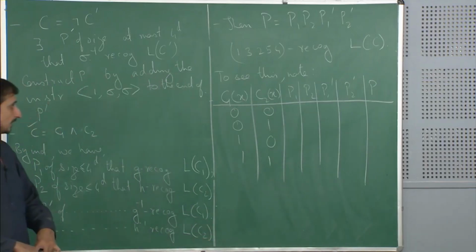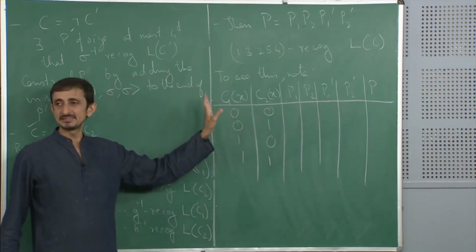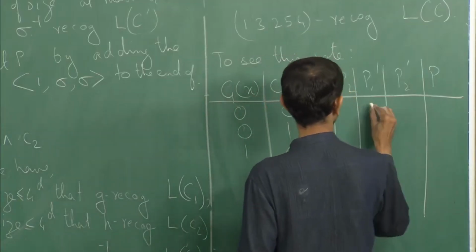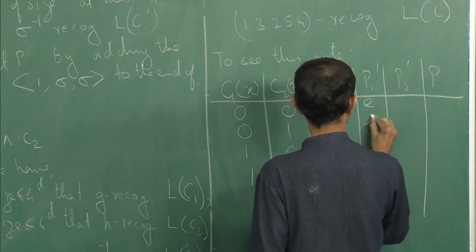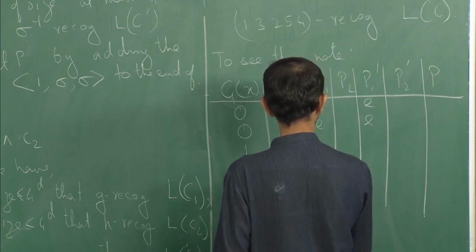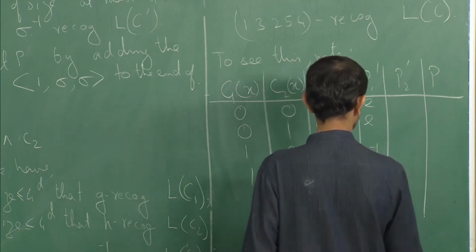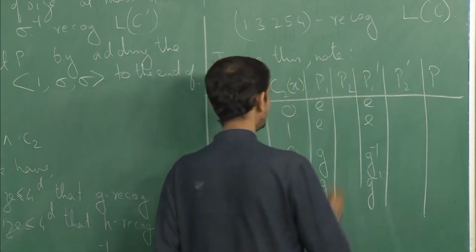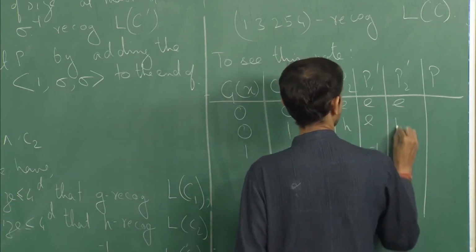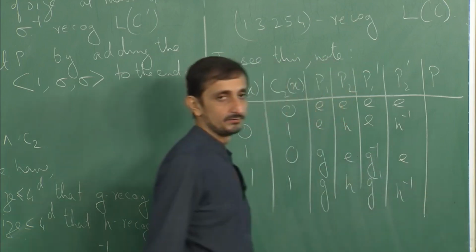Now, P1 and P1 prime are programs for C1. For 0, P1 would be E, and P1 prime is also E, and for 1, P1 is G and P1 prime is G inverse. Similarly, P2 is E and E, and for 1 it will be H, H inverse.